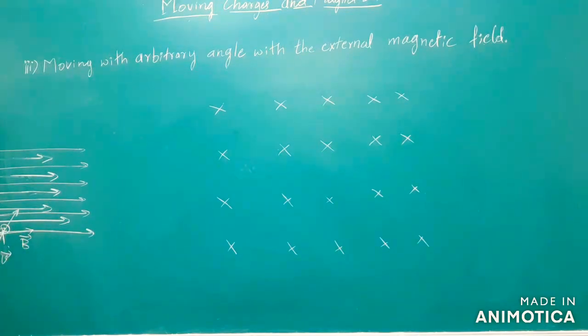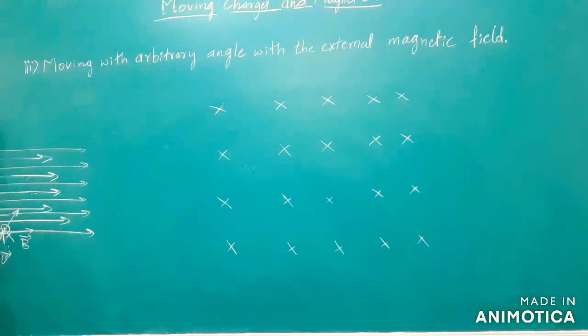So look for V cross B. V cross B is into the board. So the force acts into the board, which means the magnetic force pushes the charge into the board like this.